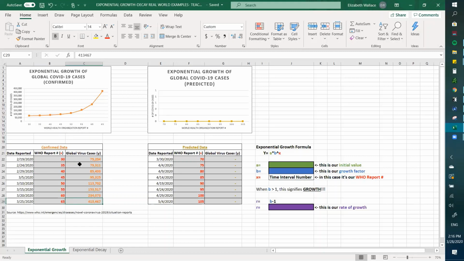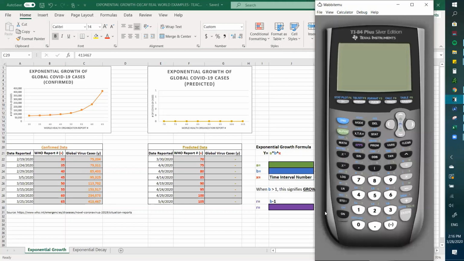We went from 75,000 cases around the world to over 400,000 cases. Now I wanted to see if we can take this data and maybe predict how many cases of global coronavirus there are around the world. So based upon these values, let's do it together.